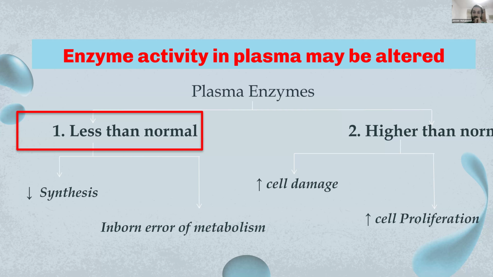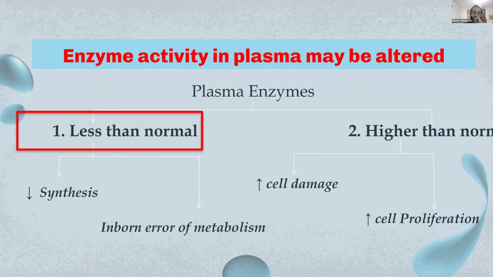The second one is higher than normal levels of the enzyme: cell damage or trauma, or increased cell proliferation. Because when you increase cell proliferation, like in cancer, you have more cells. The more cells, the more susceptible to going into cell death as normal turnover. So you're going to have more than normal levels of the enzyme.